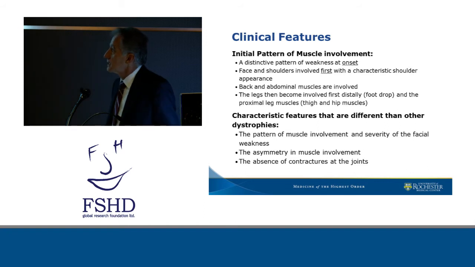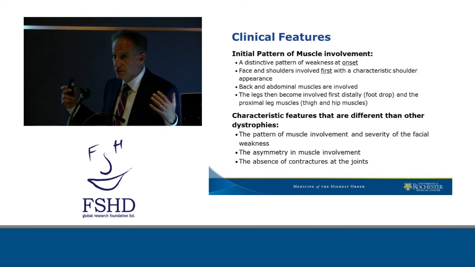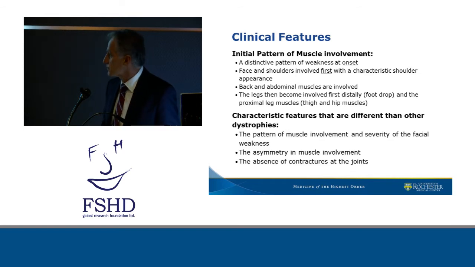Clinically, for most physicians who are familiar with FSH, FSH has a very distinct presentation and a distinct examination, with an onset up in the arms and face and a slow progression down to involve the trunk and then the lower extremities, first distally and then proximally.